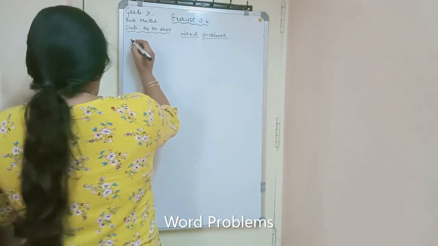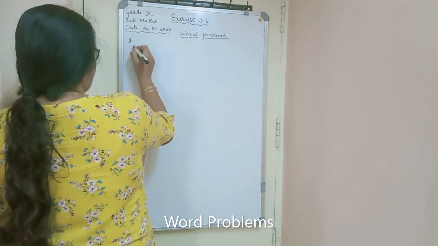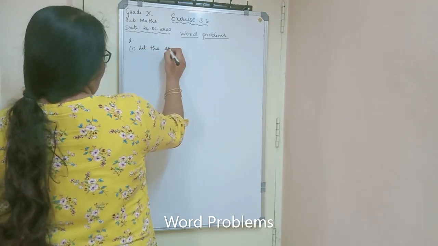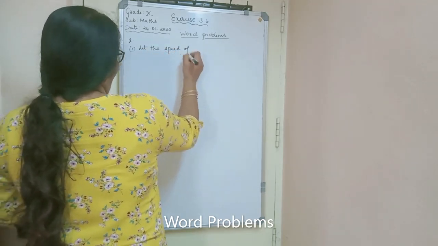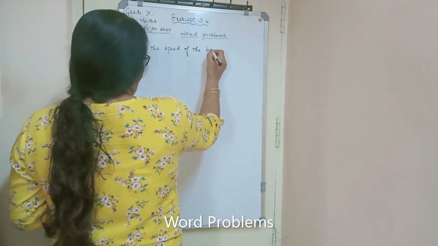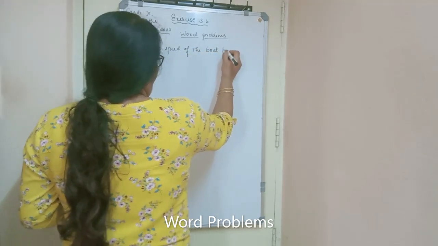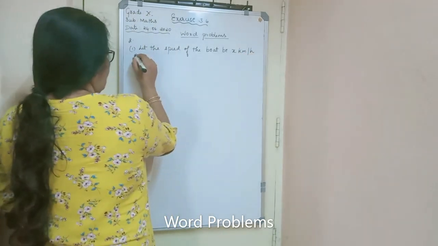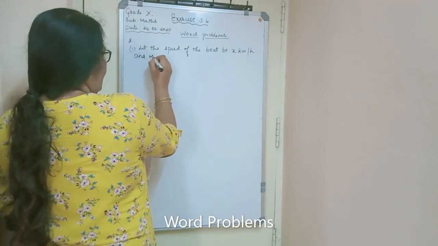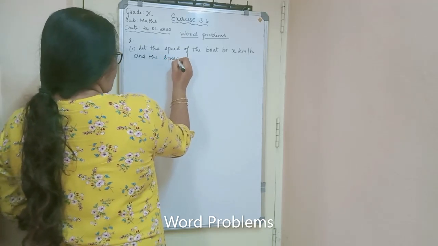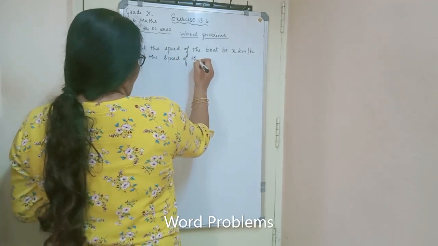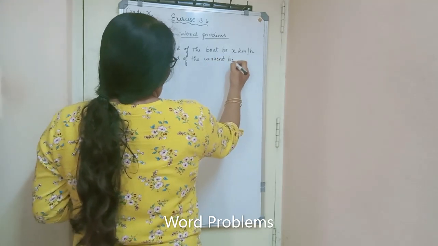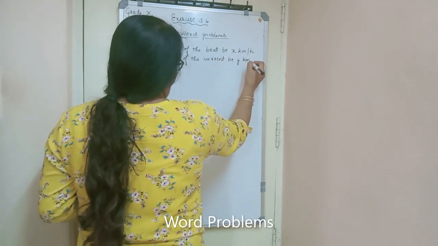So let the speed of the boat be x km per hour and the speed of the current be y km per hour.